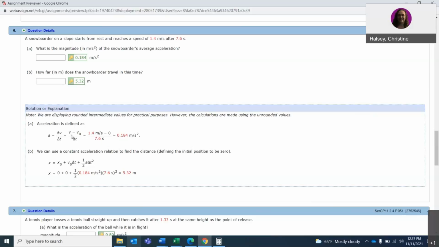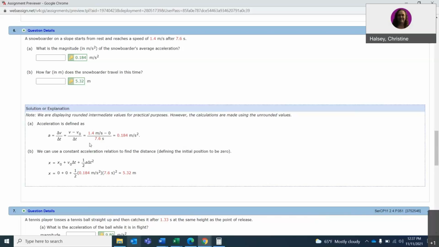We start with the final velocity minus the initial velocity, and this is where you start getting into being able to understand these symbols. If we don't understand these symbols, it doesn't make sense. Delta just means change. So here we're looking at the change in velocity divided by the change in time.